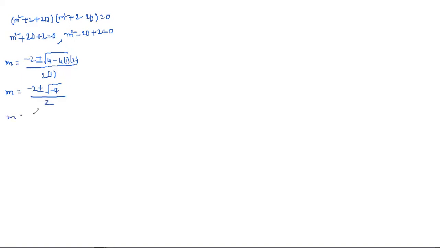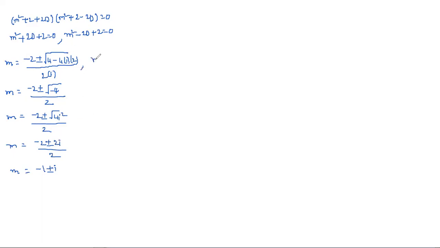For removing the minus, we write i square, so 4i square by 2. So m is equal to minus 2 plus or minus 2i by 2. If you take 2 as common, we get m is equal to minus 1 plus or minus i. So this is one thing. And now take the other one.